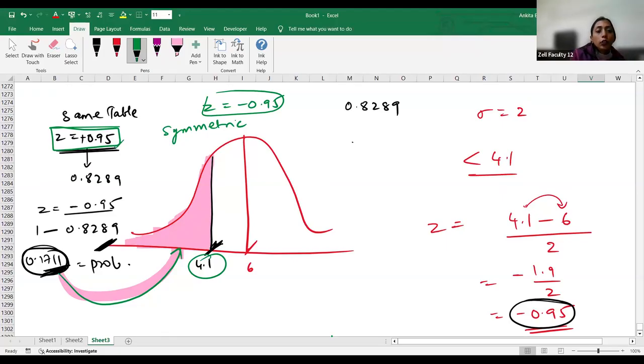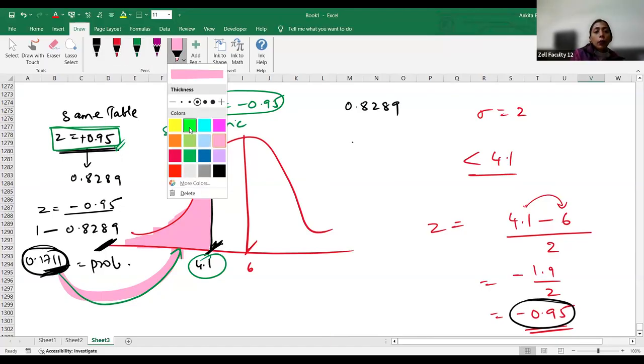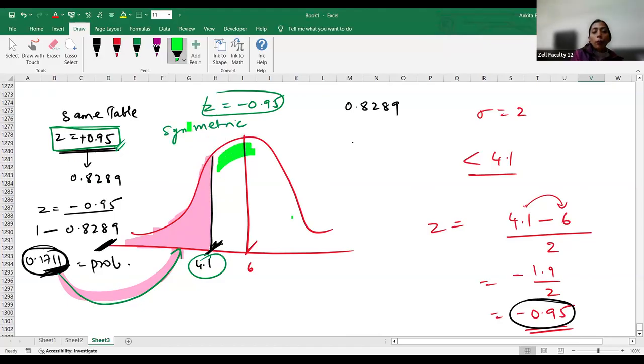Z equals 0.95 indicates the probability from this point to this point. This is the probability we are getting at Z equals positive 0.95.